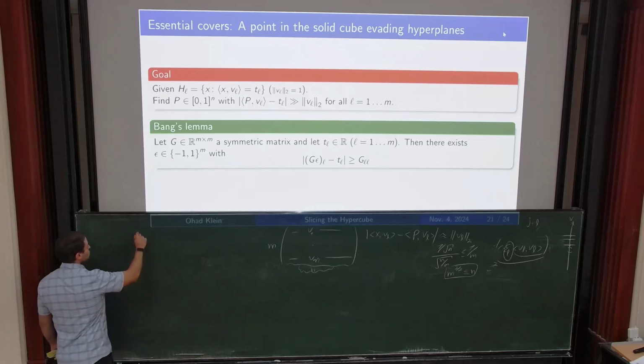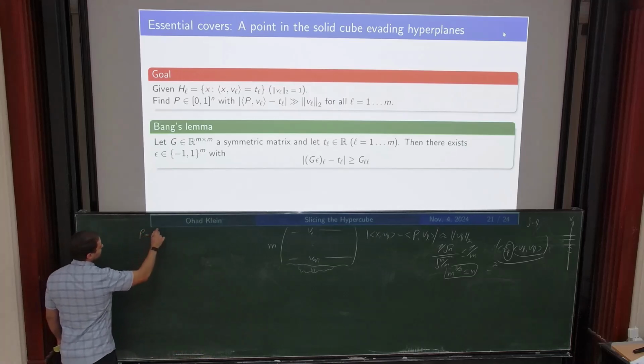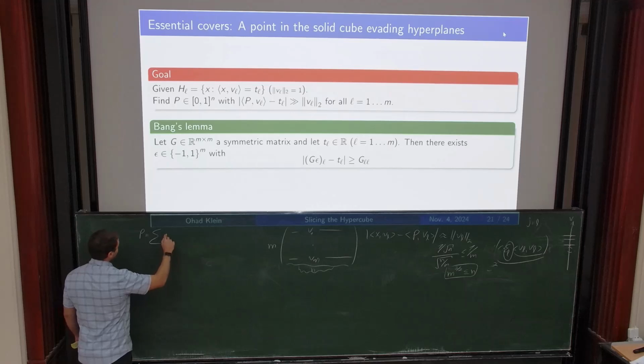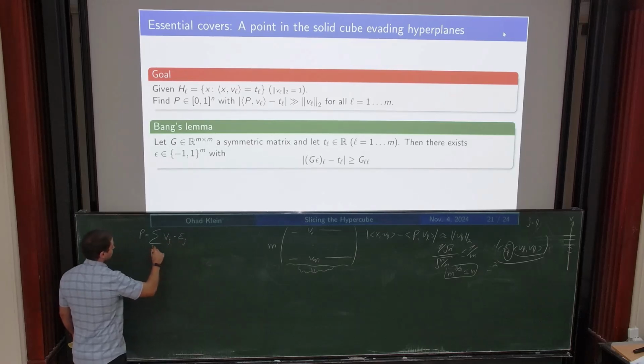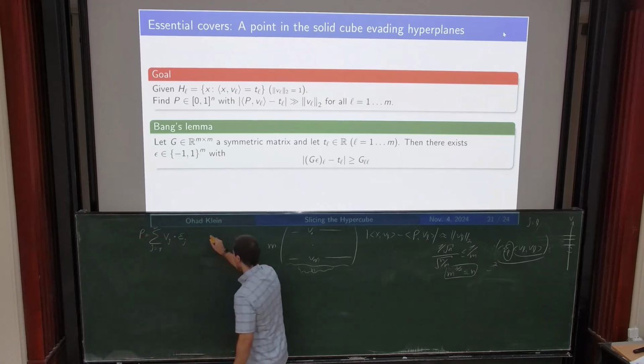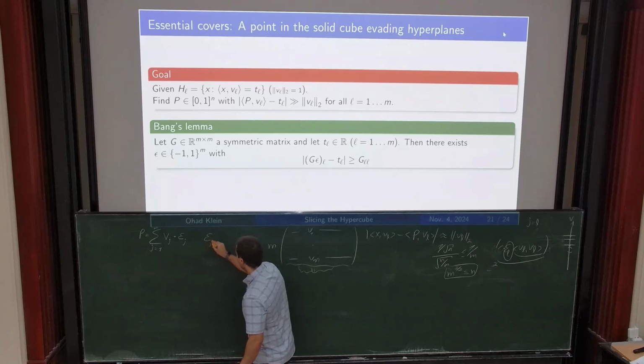They are going to choose P to be again just the sum of the vectors V_j times epsilon_j, with j from 1 to M. Now they take epsilons which are plus or minus 1. I mean, they're not random, they're just in this set.